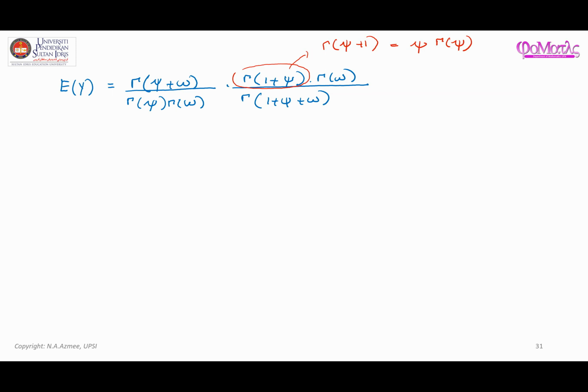Now if you don't remember what this is all about, you have to go back to my video related to gamma distribution, where I've talked about the gamma function.